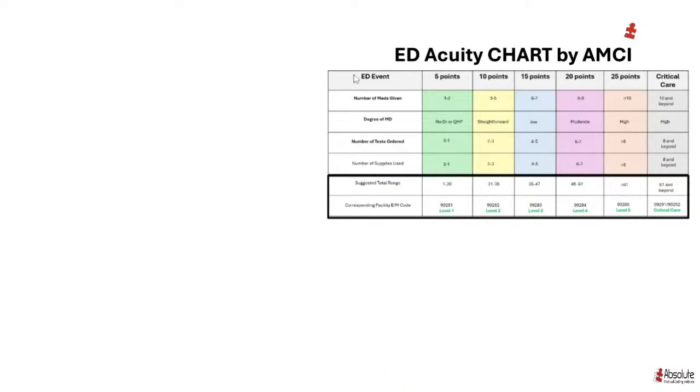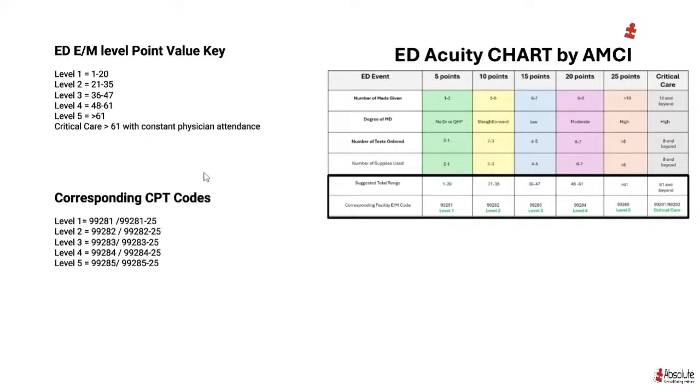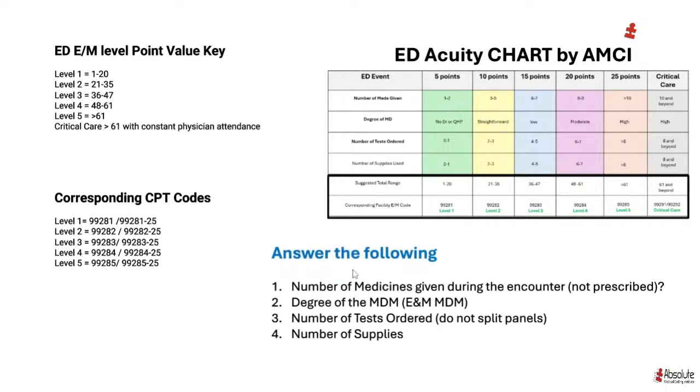This acuity chart measures four things. You will need to answer the following questions: the number of medicines given during the encounter, not the medicines prescribed but the medicines administered; the degree of the MDM, so in other words, the E&M MDM; the number of tests ordered; and the number of supplies used.